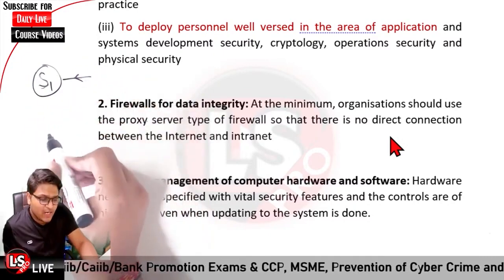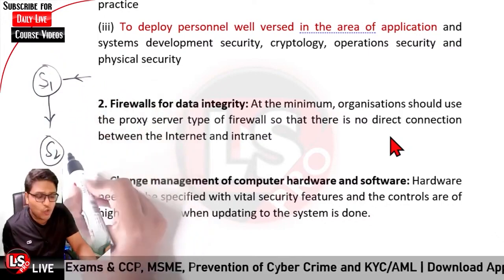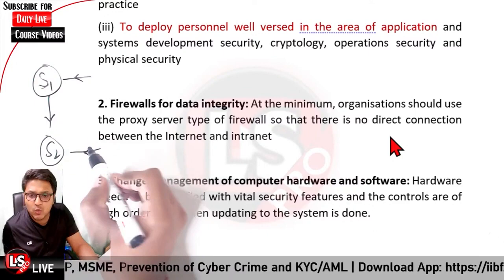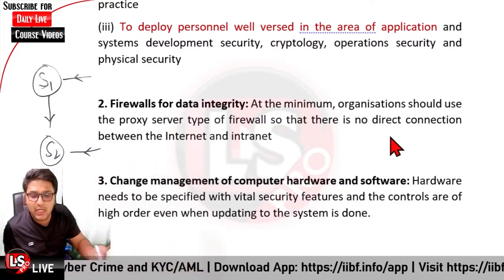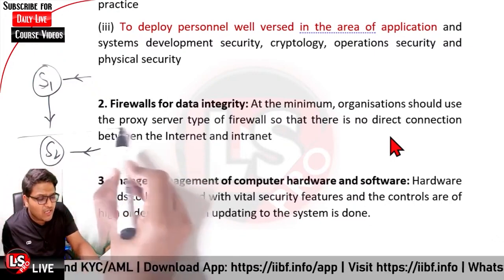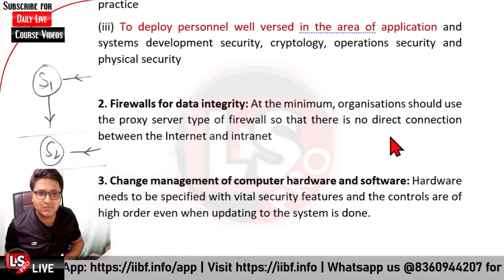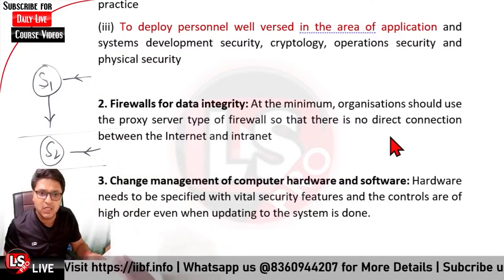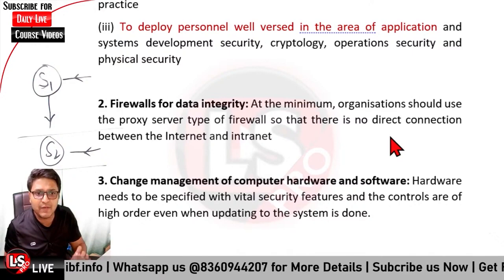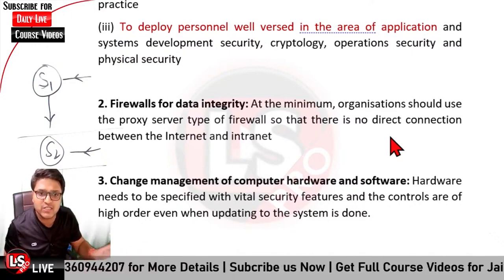Now when I am shifting from software 1 to software 2, there could be newer pitfalls, newer threats, newer vulnerabilities. So whenever we change the software or hardware, when we are updating from one system to another, there must be specified security features in it to deal with the threats and vulnerabilities.